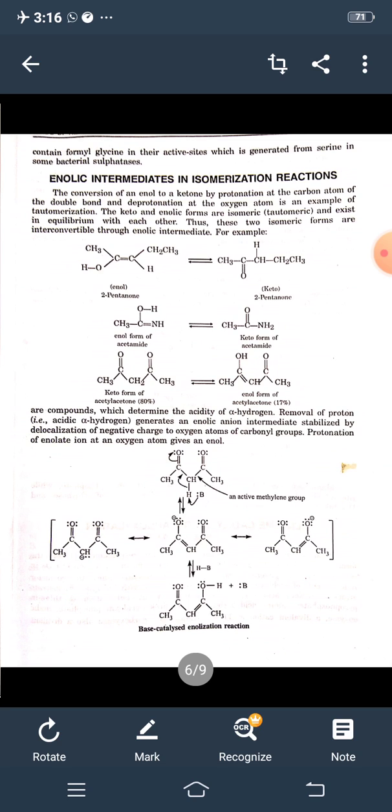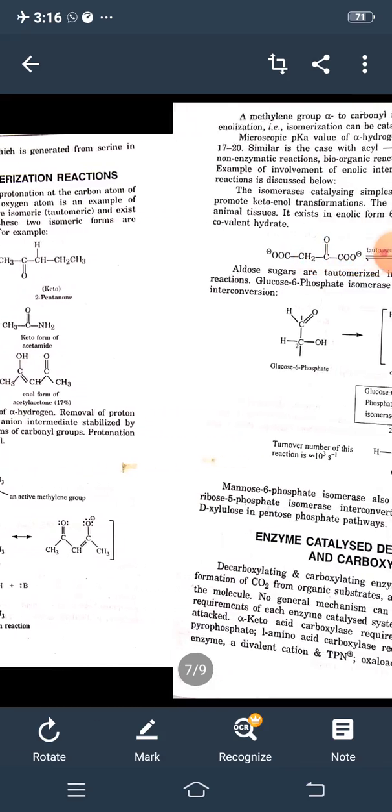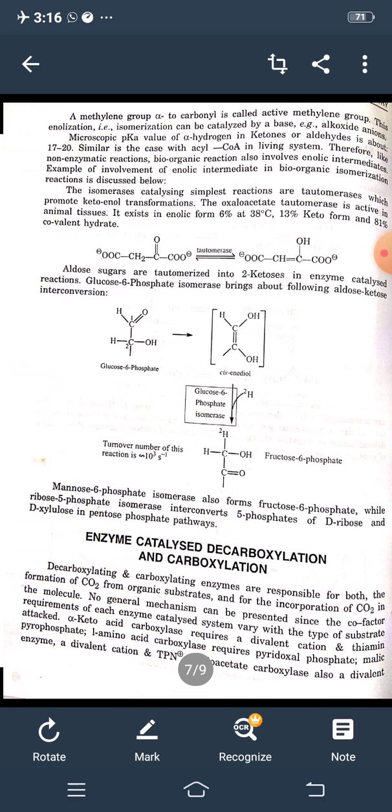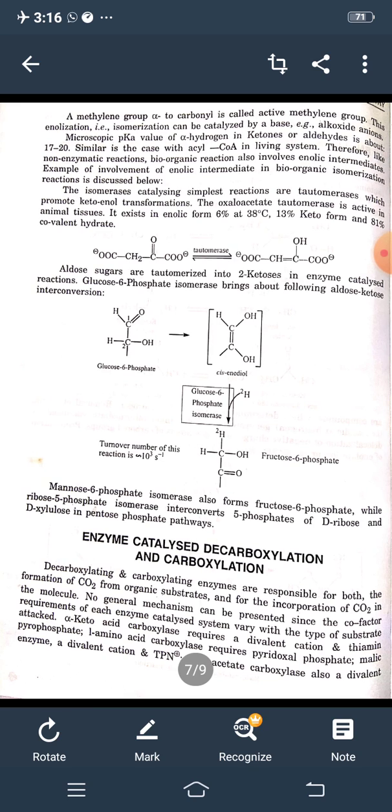Removal of a proton, that is, acidic alpha hydrogen, generates an enolate intermediate stabilized by delocalization of negative charge to the oxygen atom of the carbonyl. This is shown in the following base catalyzed enolization reaction. In a similar way, a methylene group alpha to a carbonyl group is called an active methylene group. This is enolization; that is, isomerization can be catalyzed by a base, alkoxide anions like this.